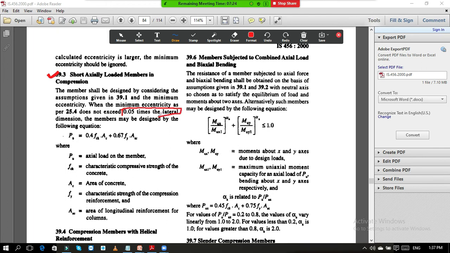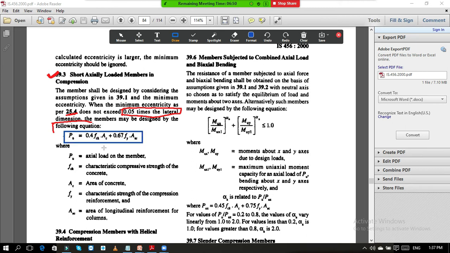And 25.4 is on a previous page, I think page number 48, where we saw this clause. So if it does not exceed 0.05 times the lateral dimension, then the member may be designed for the following equation. This equation can be used if this condition is satisfied, and this is the equation.